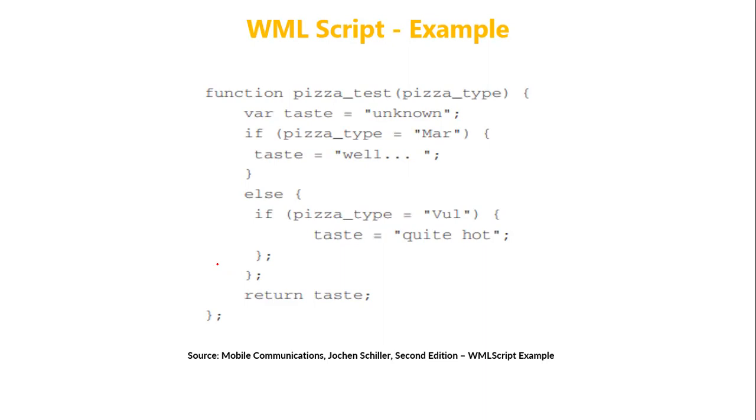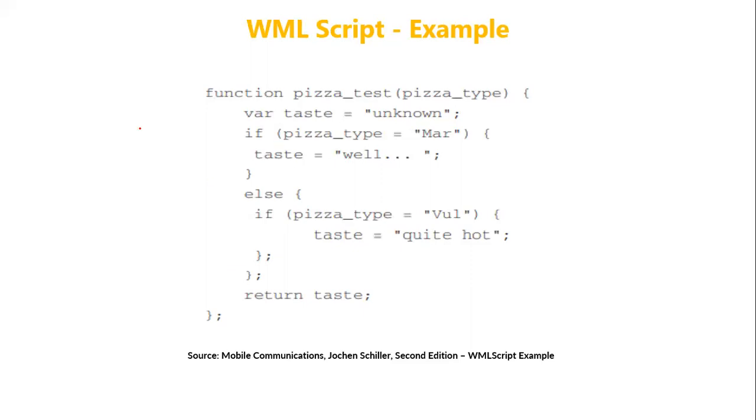Then the script checks if the input parameter that is passed to the function, that is pizza type, has the value MAR, then the taste will be set to well. Otherwise, the script will check whether the pizza type is VUL. If it is VUL, then the taste will be set to quite hot. And at last, the function will return the value of the taste. So that is the code.